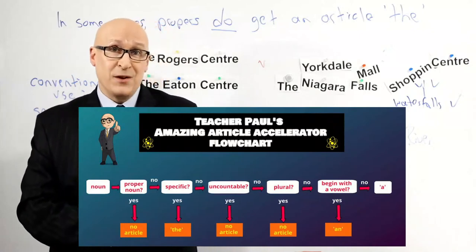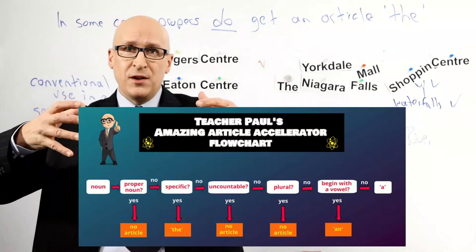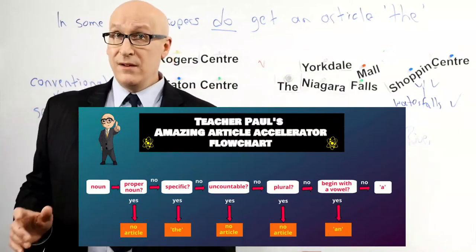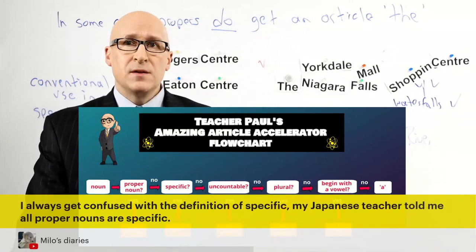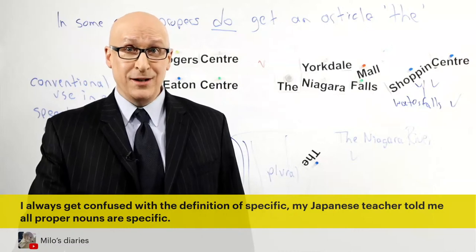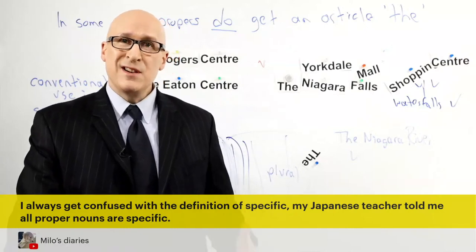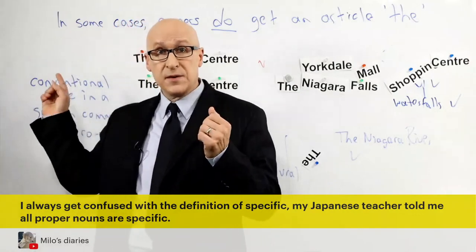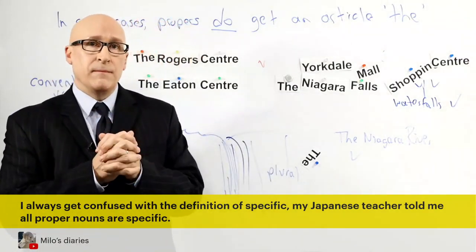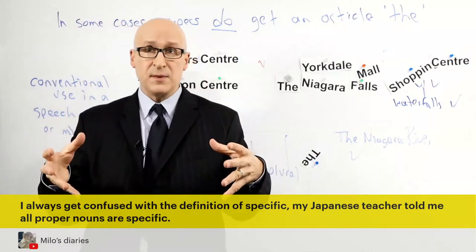So they're not specific. So once you start using proper nouns out in the world, they're not all specific. That's the problem, right? So I don't think you should hate your Japanese teacher, but it's just not the complete story out there in the world of use, right? The context is what makes it specific, right?